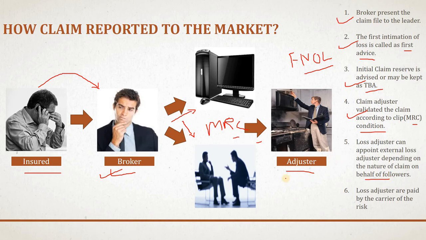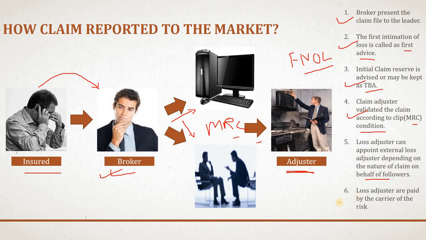So if the loss adjuster is not able to validate the claim fully due to the complexity involved, the loss adjuster can also appoint the external loss adjuster, and the cost of the external loss adjuster will be borne by the leader and the followers for the contract.